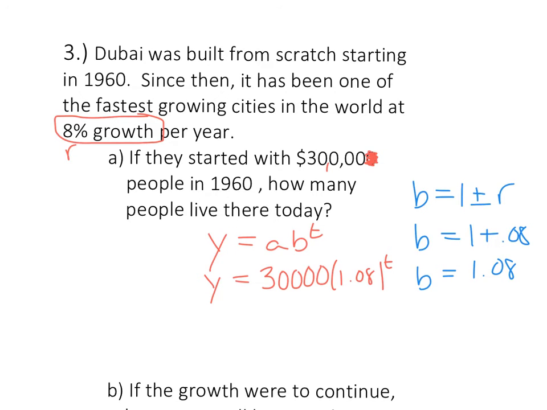Now, because it says it started in 1960, and how many people would live there today, we have to figure out how many years have passed since 1960. If you do the math, this is 2018, from 1960, that's going to be 58 years.